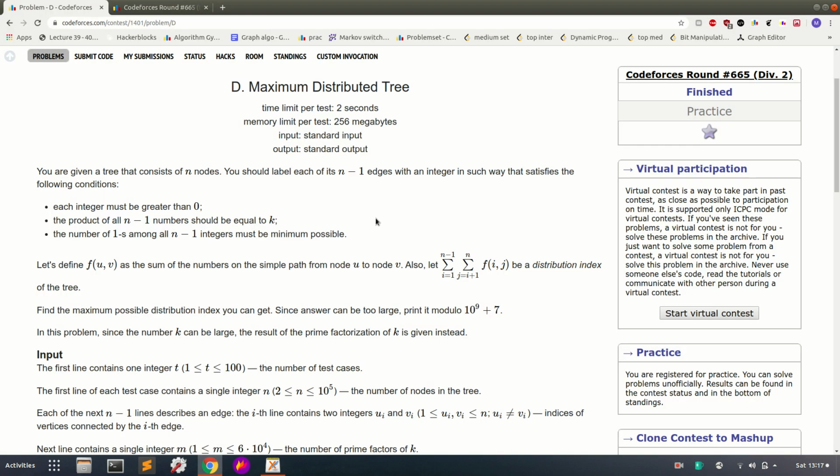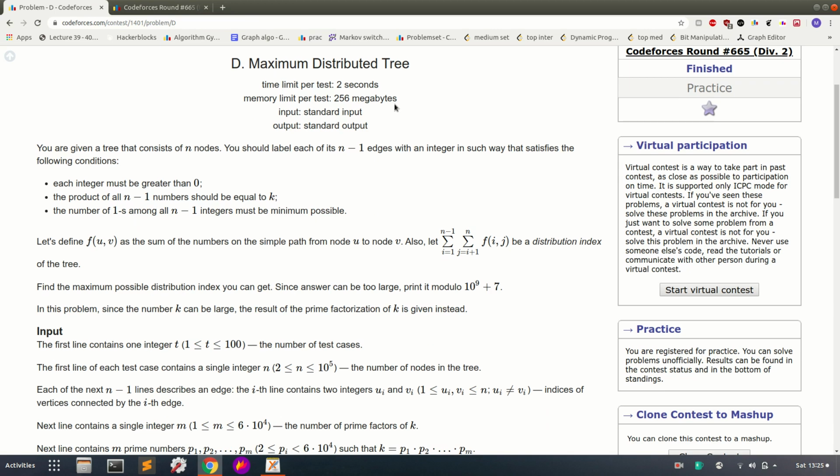We have to follow certain rules in this. We have to allocate the numbers on the edges using certain rules that have been given. So these are the rules. Each of the integers on the edge must be greater than 0.